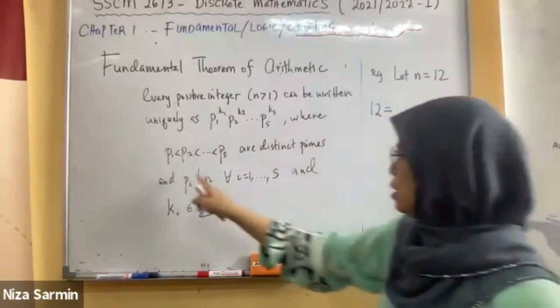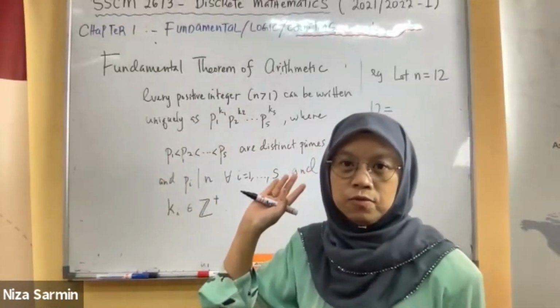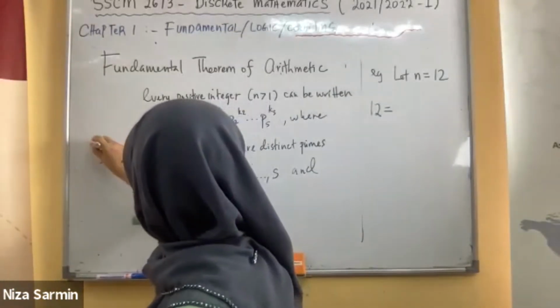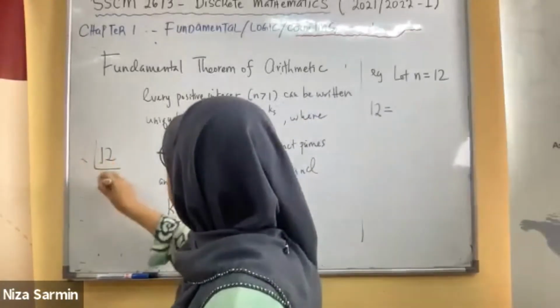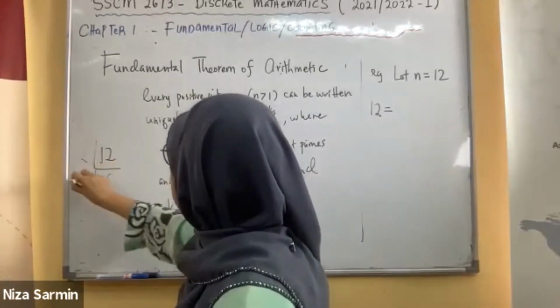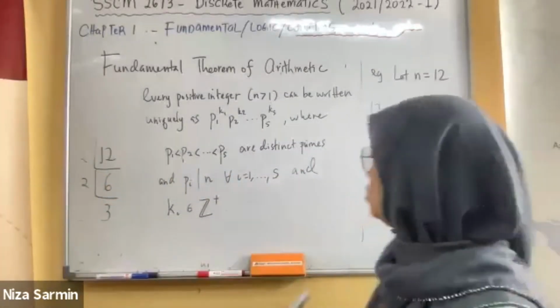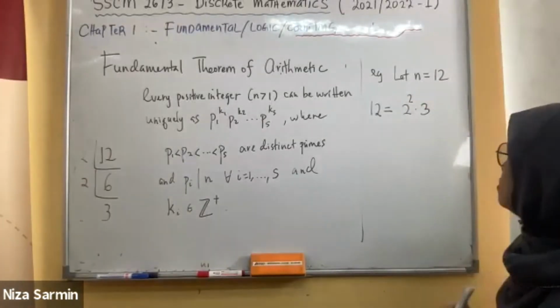So you want the primes to be from smallest to biggest. For 12, the smallest prime you can divide is 2, right? And you divide again. So this is 2 squared times 3.